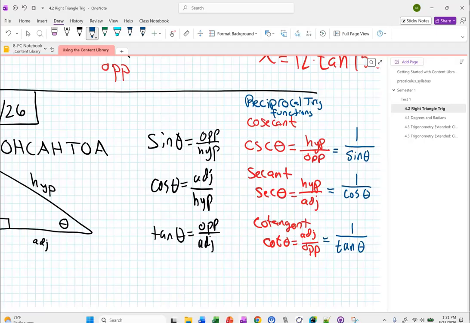And at this point, you're probably sitting here looking at me going, oh, Mr. Kulik, I gotta memorize 3 more of these things? My answer to you would be, not really, because what do you all get to take into your test? Yeah, that half sheet of notes. So if you think you're gonna have a hard time remembering these 3 new ratios, where would be a good place to store them? On your half sheet.